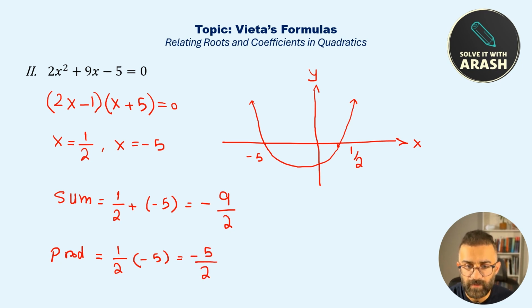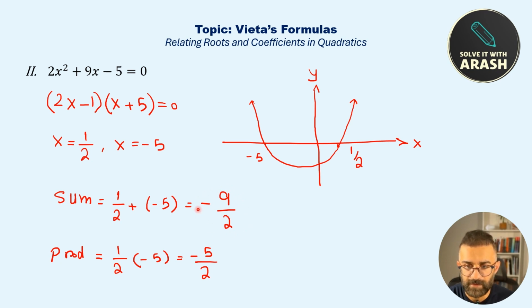Now let's compare these two values with the coefficients of the quadratic equation. For the sum of the roots, the answer is -9/2. In the previous example, we noticed that the sum of the roots was the negation of the linear coefficient.